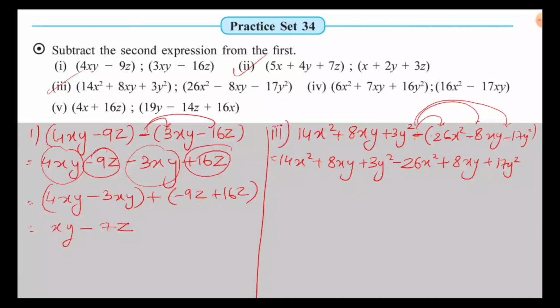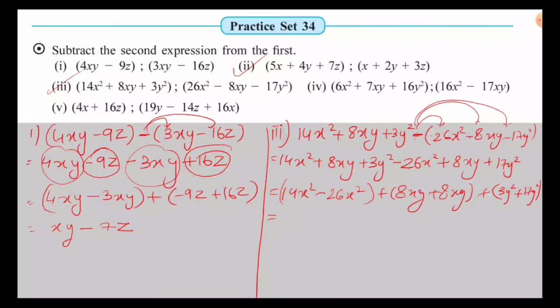Okay, now we will be writing the like terms together, that is 14x square minus 26x square, then 8xy plus 8xy and plus 3y square plus 17y square.